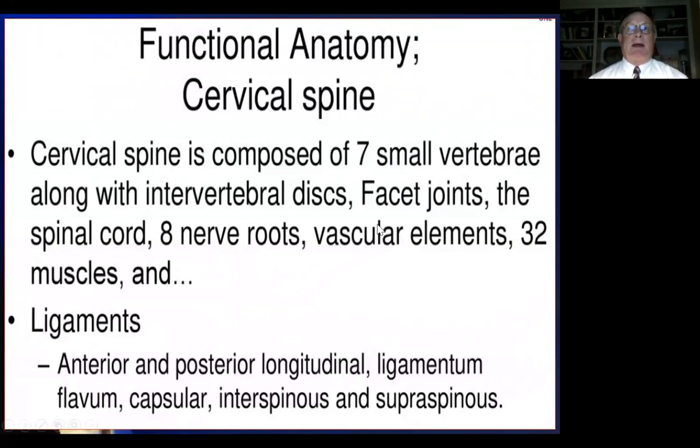Then we'll talk about the vascular elements, the arterial supply of the cord, and the venous outflow of the head and neck, which basically has absent valves and allows fluid to flow up and down. That's why we need gravity, and why our folks on the space station don't do so well in microgravity. There are 32 muscles and I don't know how many pairs of ligaments and so forth.